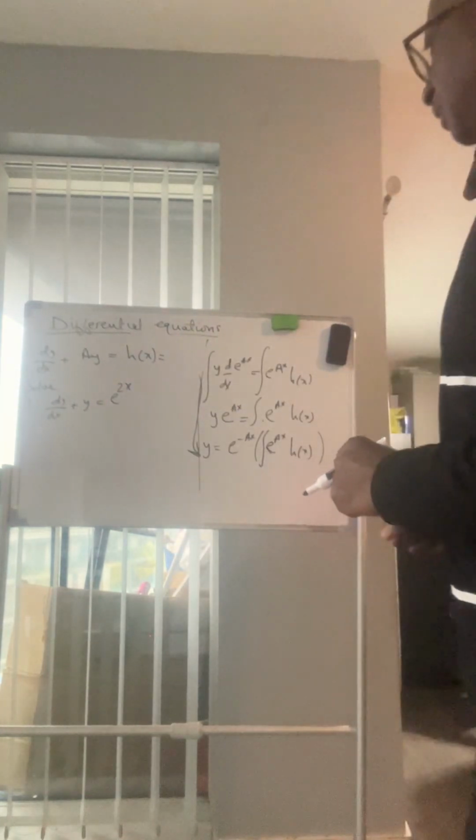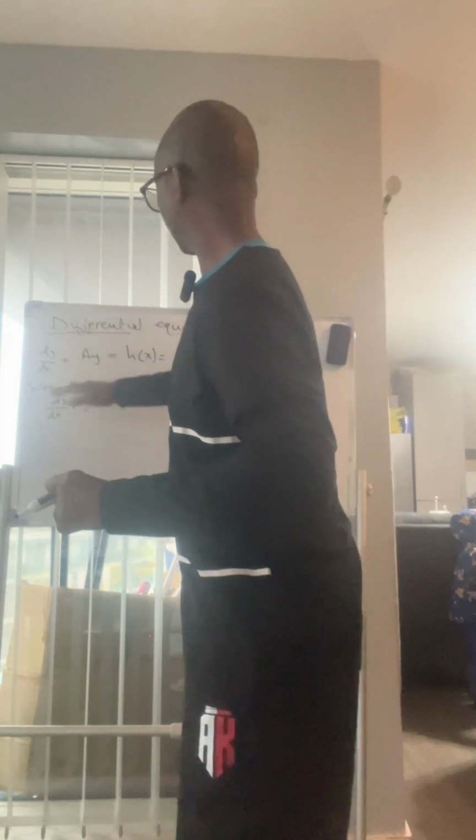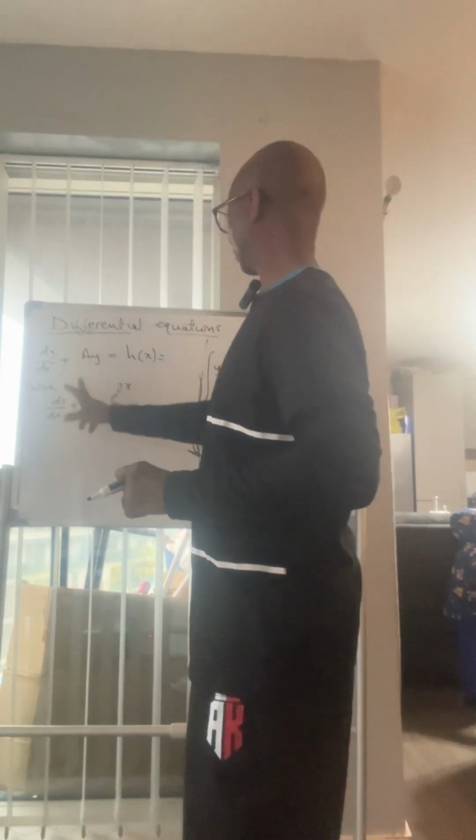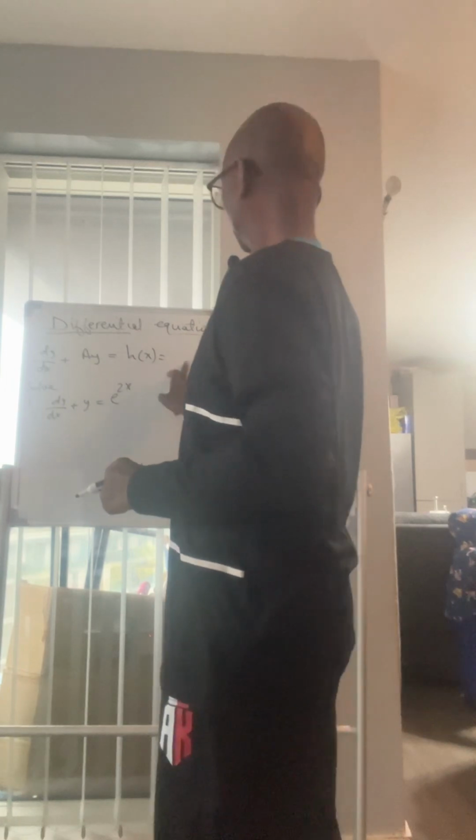They are asked to solve this. See that? They conform. dy/dx plus ay equals h of x, and you have e raised to the 2x.